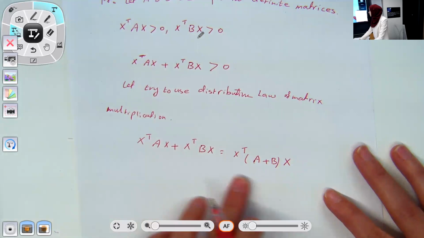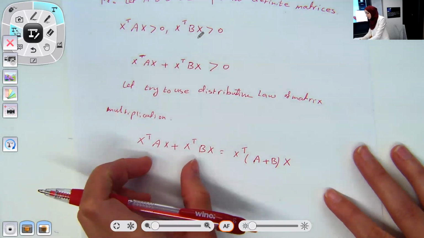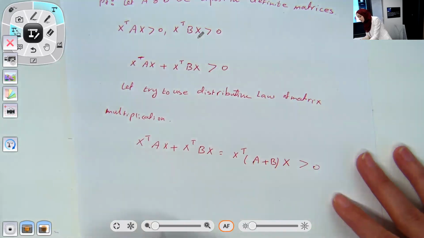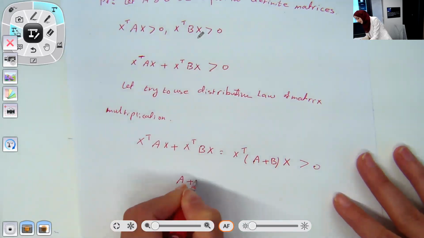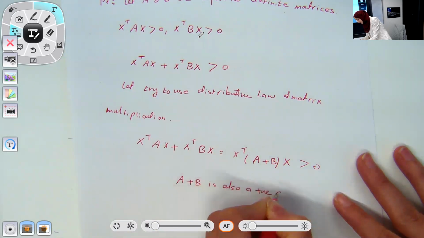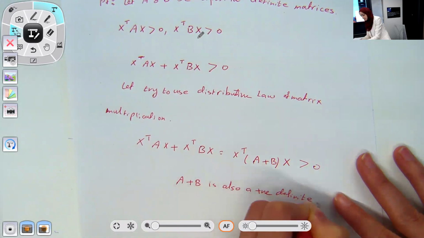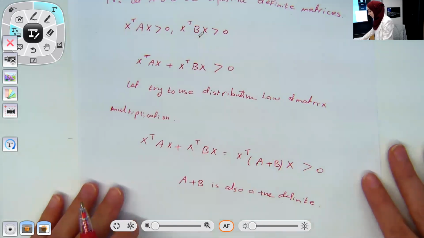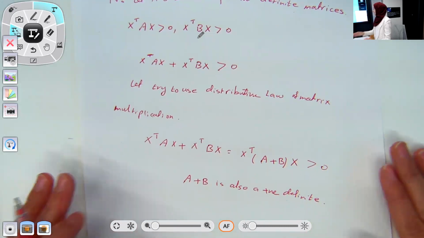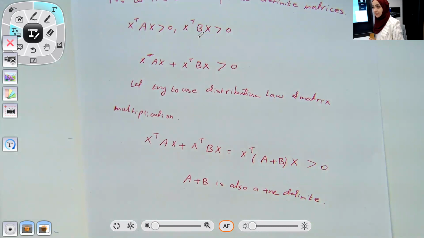So the answer here also is positive, so the summation A plus B is also positive definite. This is the proof for this question. So if you have two matrices, both positive definite, the summation of these two matrices all the time is positive definite.